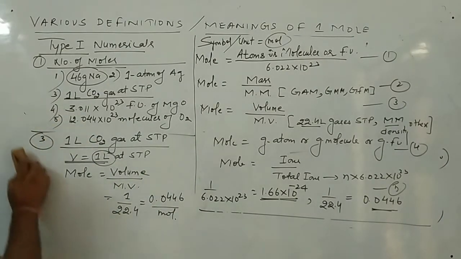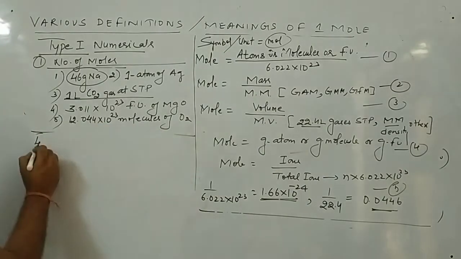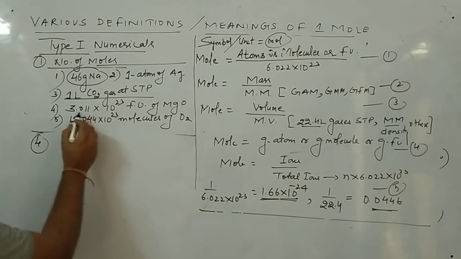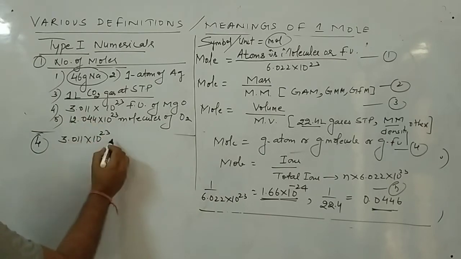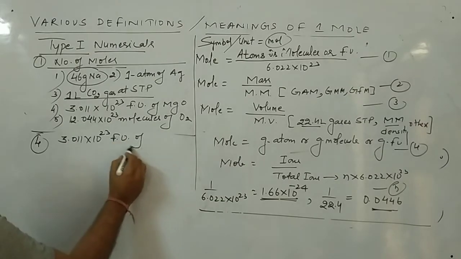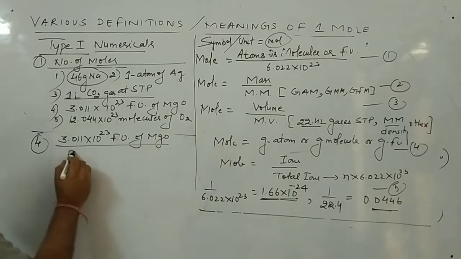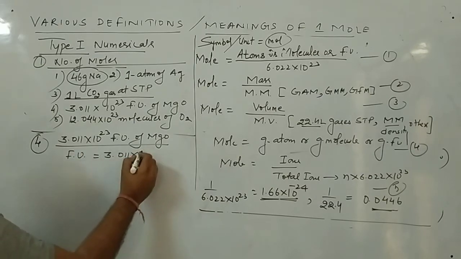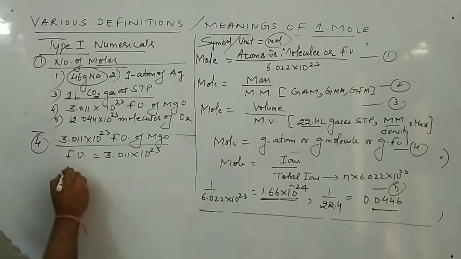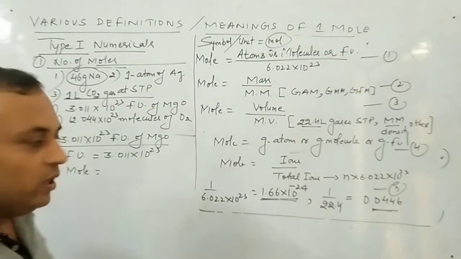Now fourth is what is given? 3.011 × 10^23 formula units of MgO. Now what is given to you beta? Formula units, that is 3.011 × 10^23. So the formula of mole, formula units, formula number 1, formula unit upon Avogadro number.